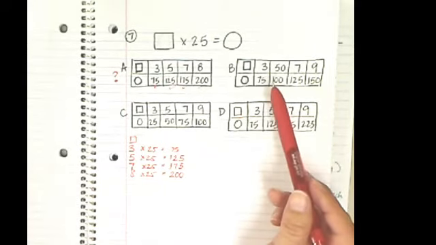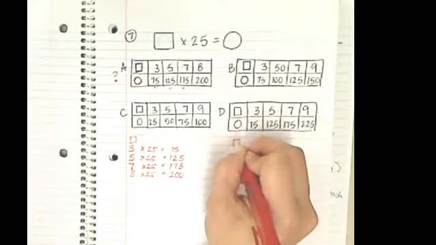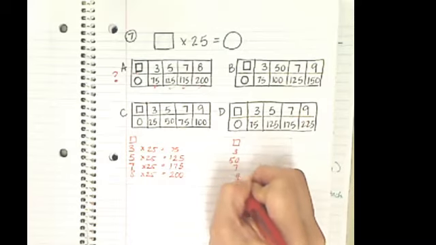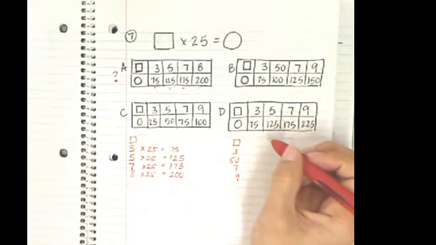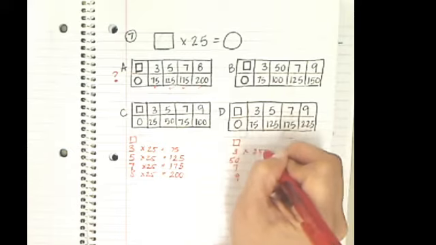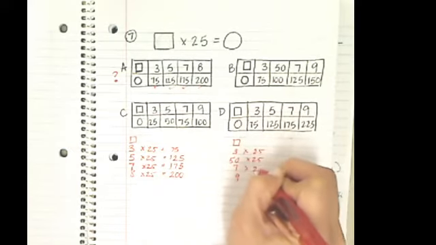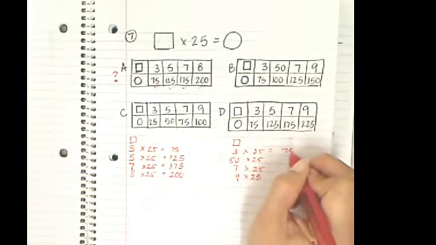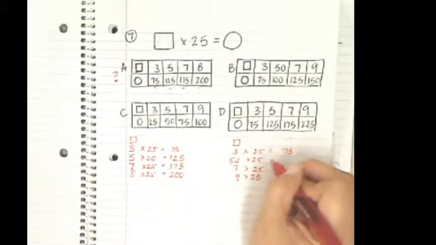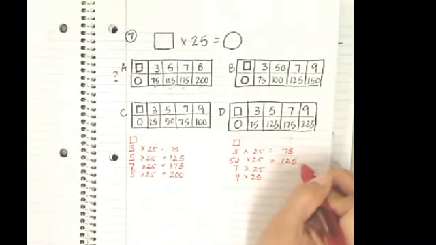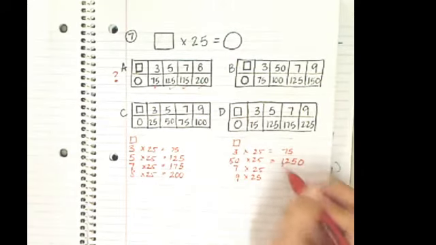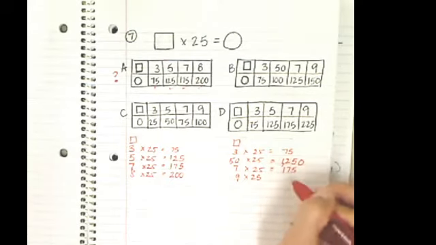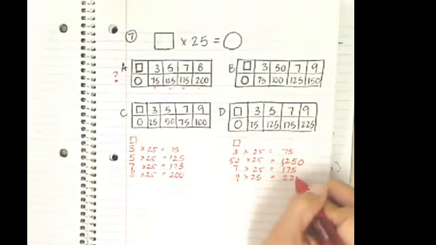Well, let's check some of the other ones. B. What are all the values of square? 3, 50, 7, and 9. Times 25, times 25, times 25, times 25. 3 times 25 is 75. 50 times 25 is 125 with a 0 at the end, 1,250. 7 times 25 is 175. 9 times 25, that is 225.